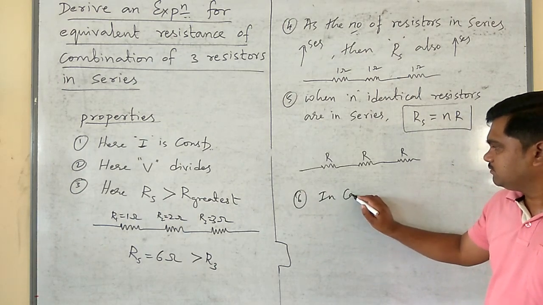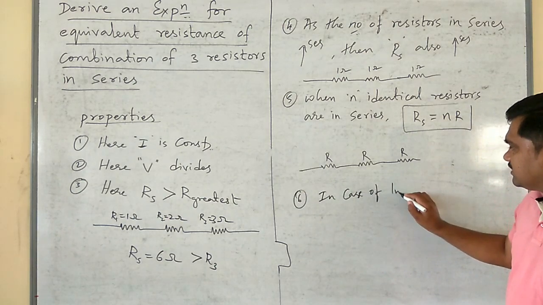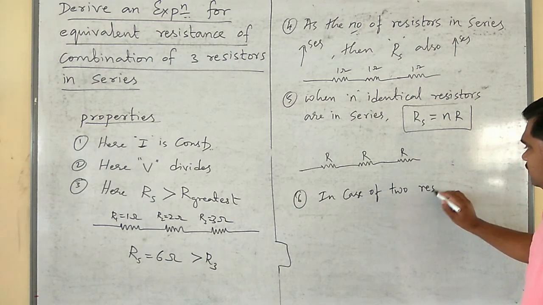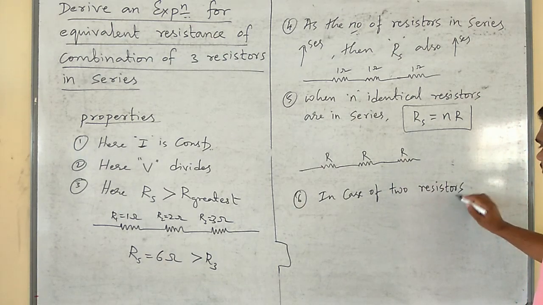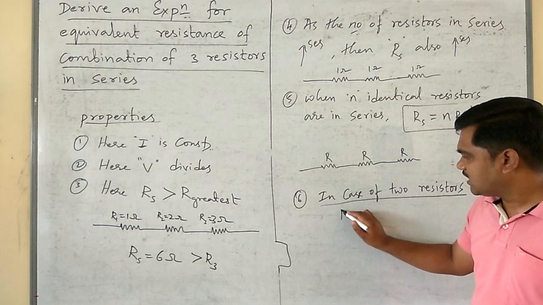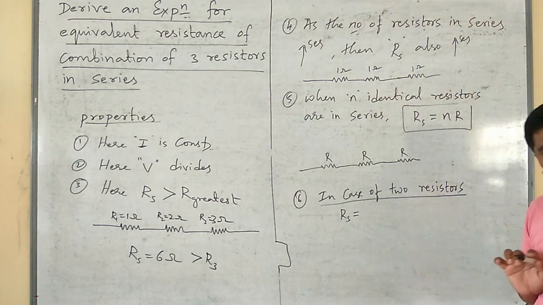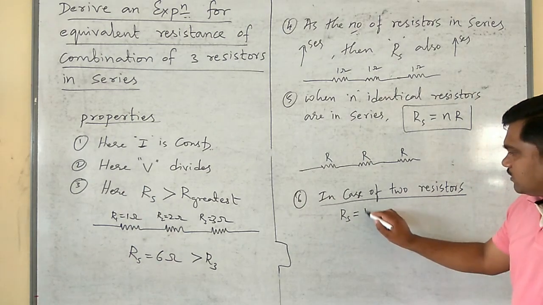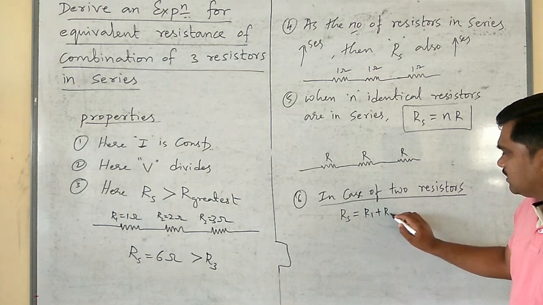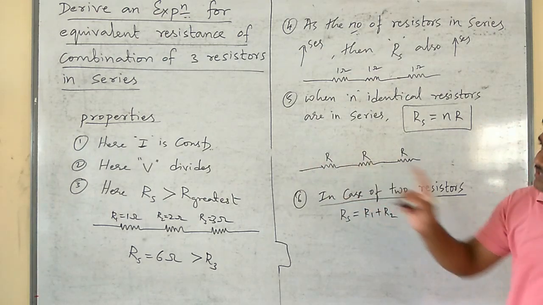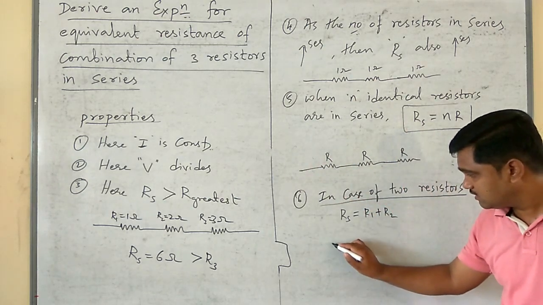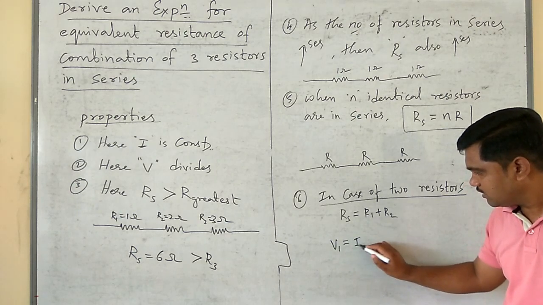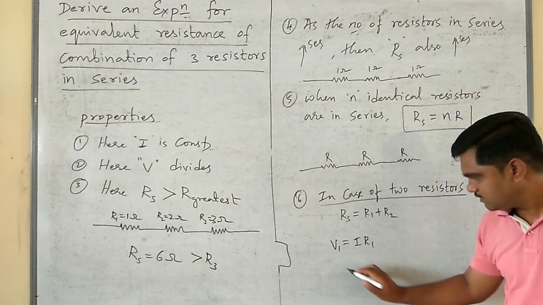Now, in case of two resistors, what is Rs? Rs is equal to R1 plus R2. What is V1? We found there. V1 is equal to I into R1.